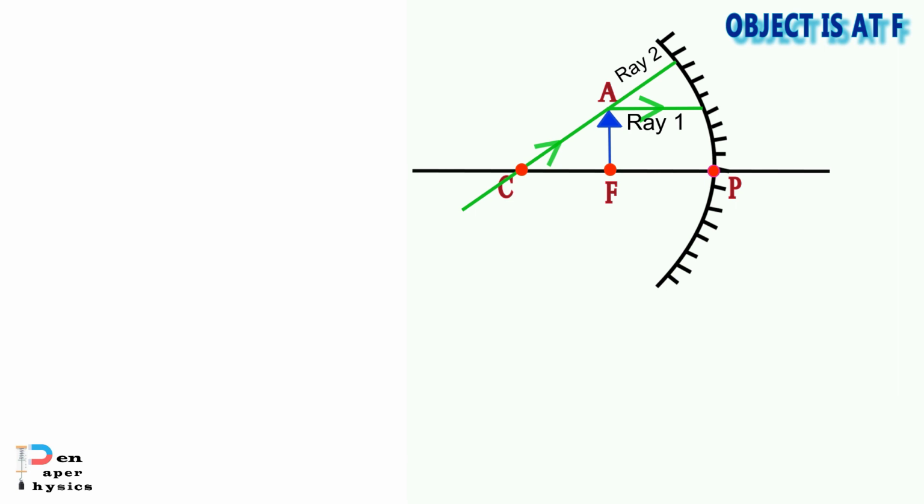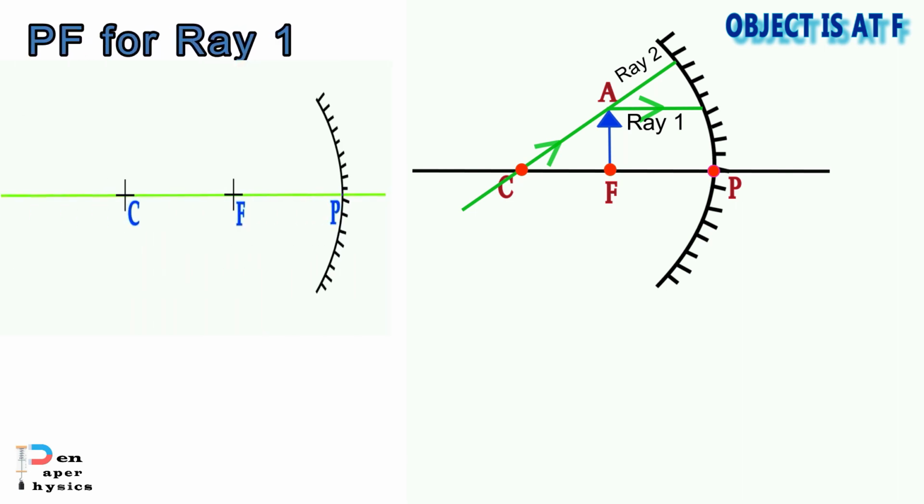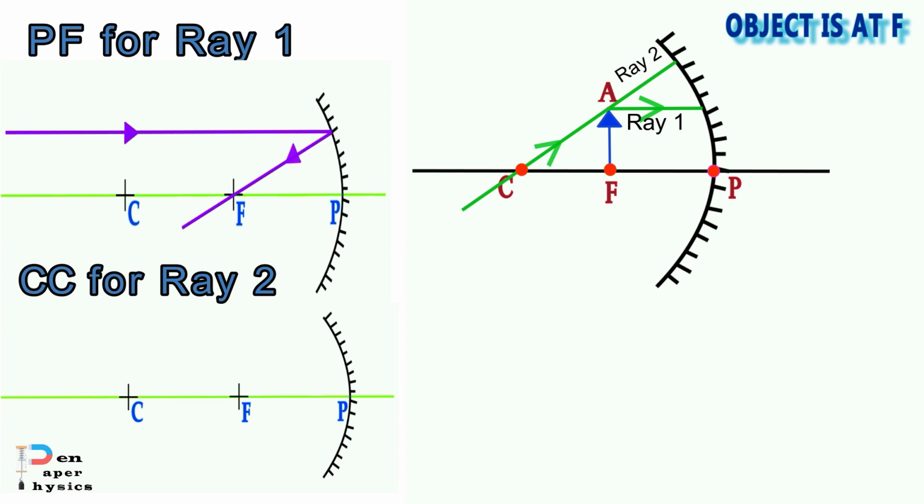Since the object itself is at F, we cannot draw a ray passing through F. For ray 1, we will follow PF rule, parallel ray passing through focus. And for second ray, we will follow CC rule, a ray which is passing through center of curvature after reflection follows the same path. So let us complete the ray diagram over here.